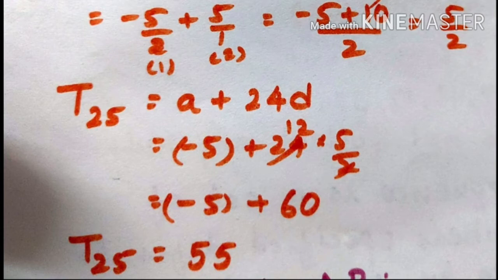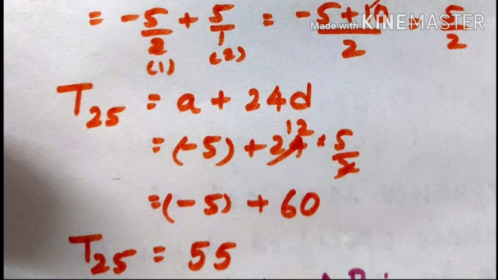Now we place the values of a and d, that is the first term and the common difference. The first term a is minus 5, plus 24 multiplied by the common difference, 5 by 2. By cancellation we get 12 times 5, which is 60. So minus 5 plus 60 is 55.